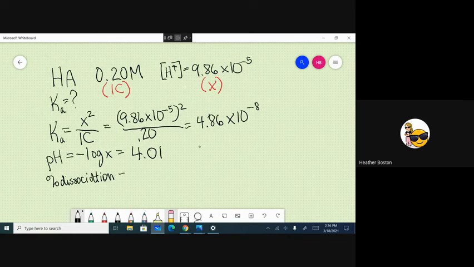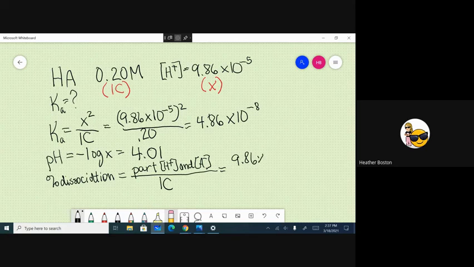The percent dissociation is the part that falls apart into H plus and A minus, so the part that dissociates, over the initial concentration or the whole acid. So HA had a concentration of 0.20, and they told us that 9.86 times 10 to the minus 5th is the concentration that will fall apart.